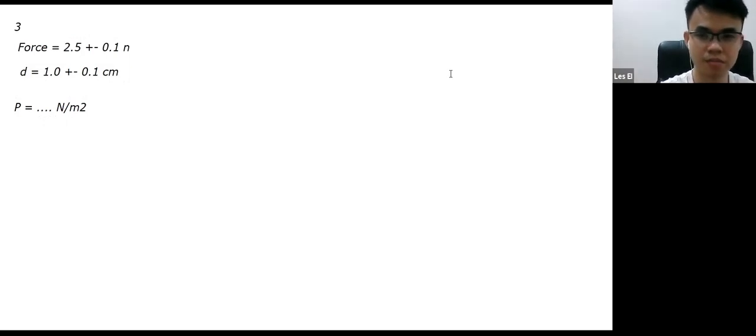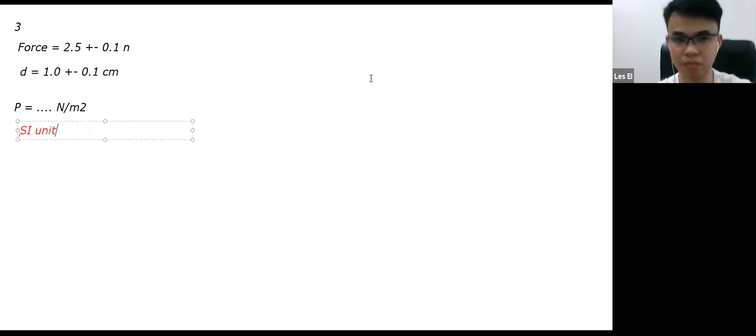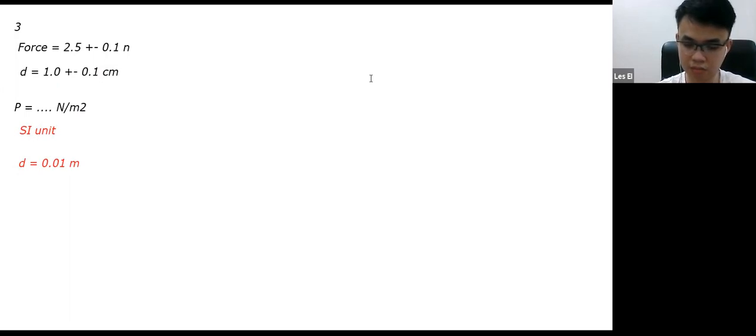Remember, in this case, we have to make sure everything is in SI unit. So your diameter, you have to write it as 0.01 meter. Understand all here?